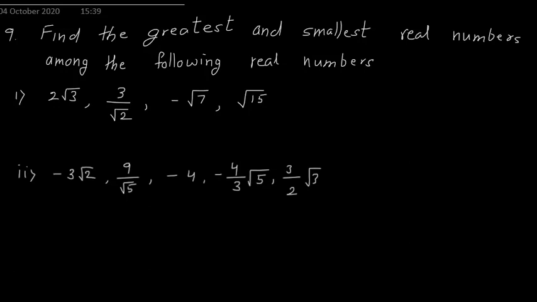Either I square and then find which is smaller or greater, because if one number is smaller than another, then the square root of one number will be smaller than the other number, right?